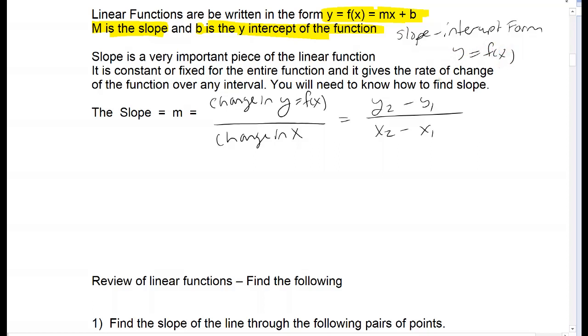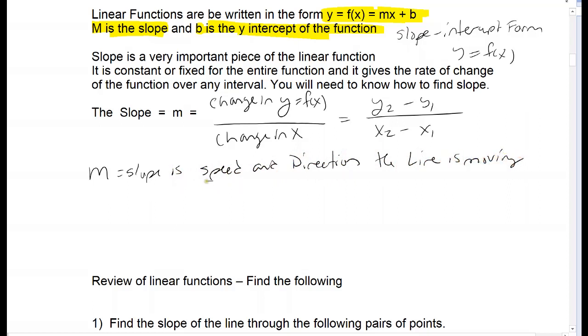Another way they typically talk about it is rise over run. It's the vertical change and the horizontal change. What the slope finds in a line, it's constant, it's speed and direction. That's what slope is: the speed and direction the line is moving.